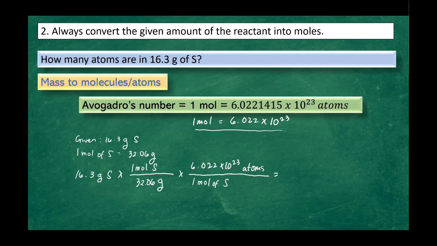So use this x button, if you can see, the one that has a blank exponent. Just click it and then we'll have 10 raised to 23.